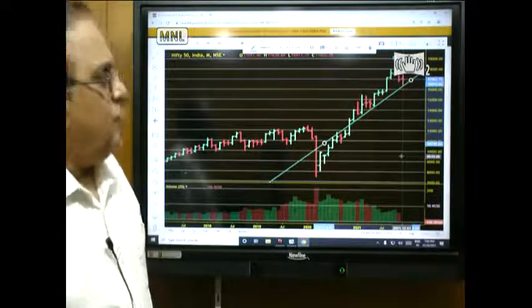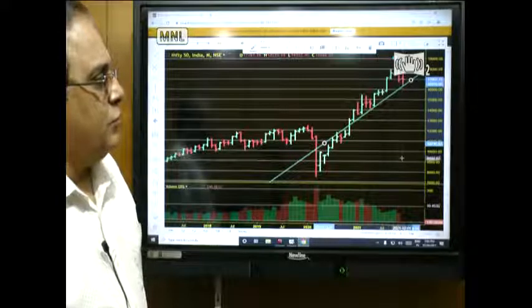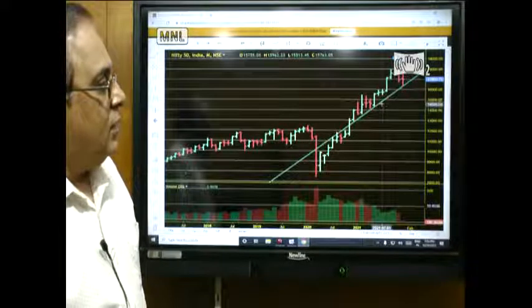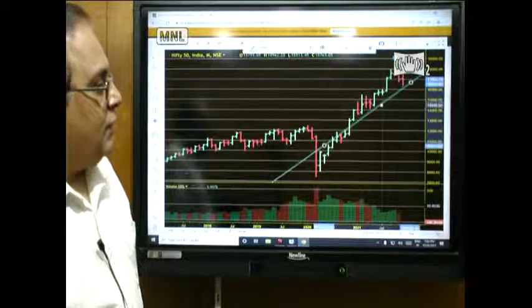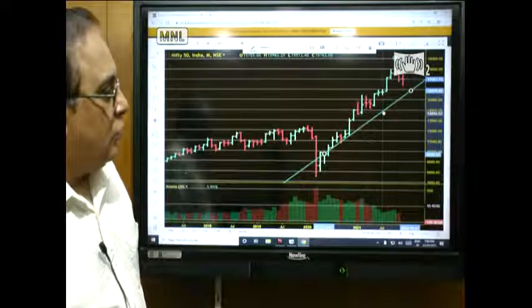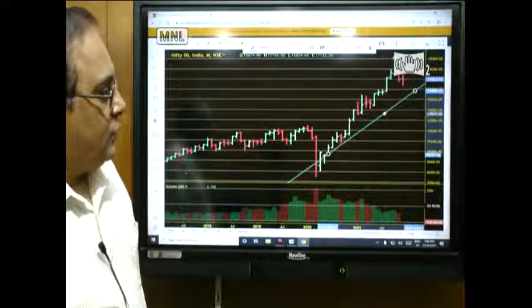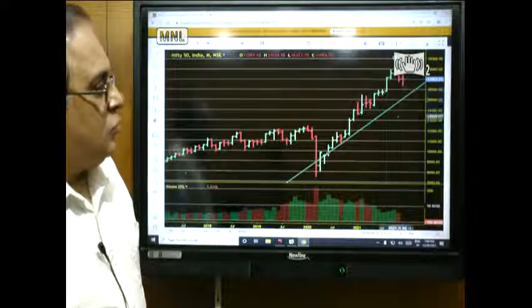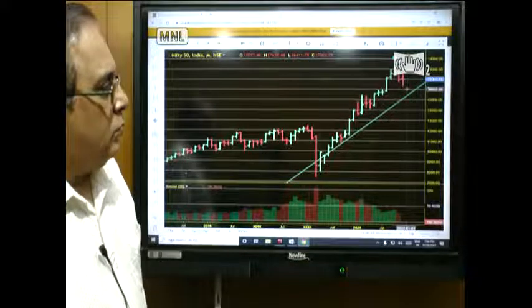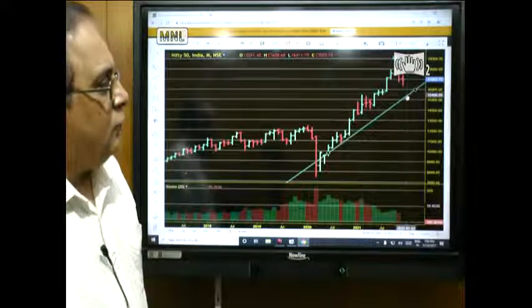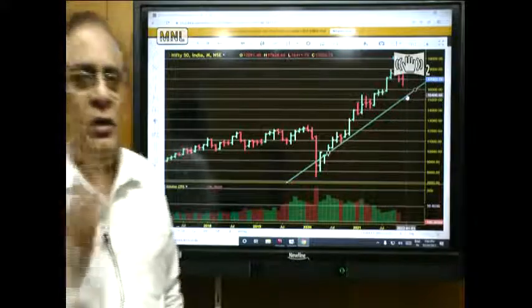Now suppose this breaches, how should we make a projection? Here let's look at this place. After that we should move to the next important low. So this is the place. Suppose that is broken, chances are it could go right up to this low, which comes closer to the 15,550 levels, 15,500 levels.